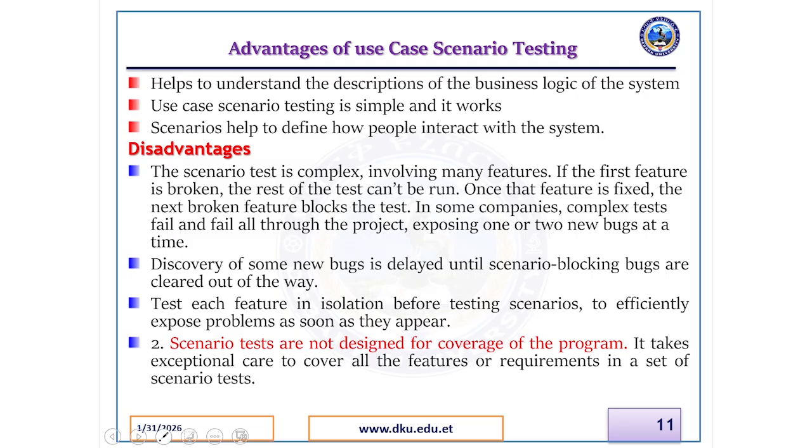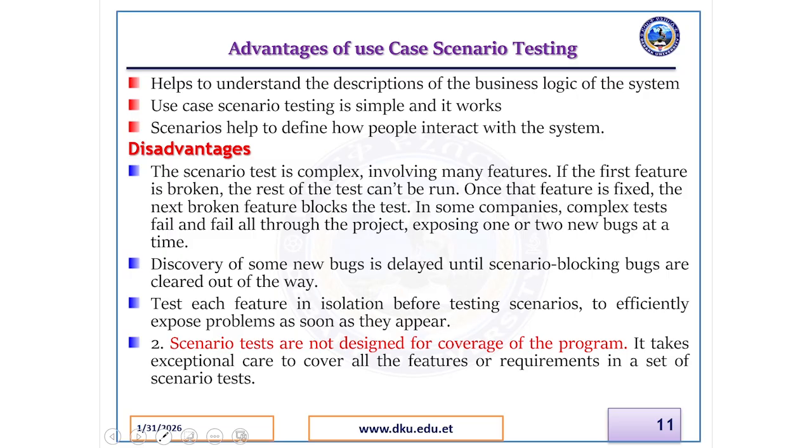The disadvantages: the scenario test is complex, involving many features. If the first feature is broken, the rest of the test cannot be run. Once that feature is fixed, the next broken feature blocks the test. In some companies, complex tests fail all through the project, exposing one or two new bugs at a time.